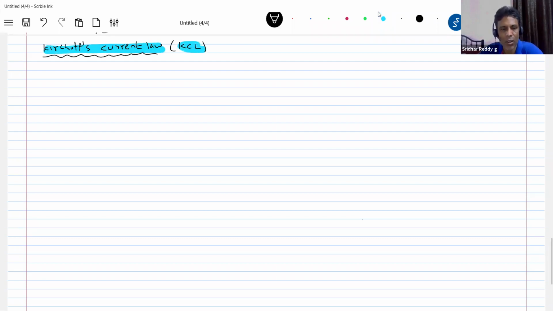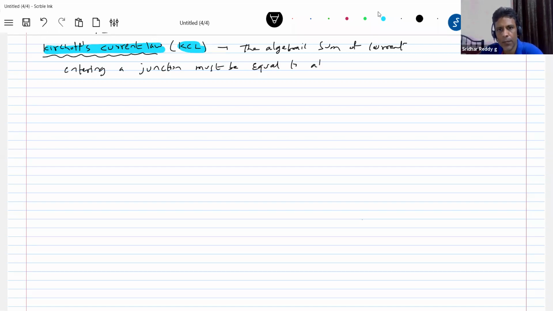The law says that the algebraic sum of current entering a junction must be equal to the algebraic sum of current leaving a junction.